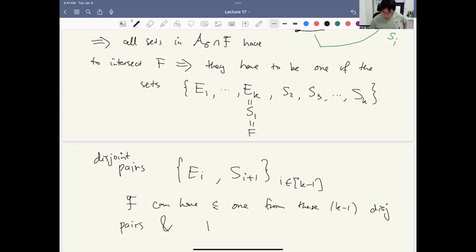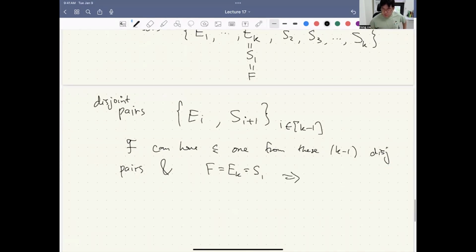And also F equal to EK equal to S1. So you have at most K as desired. Any question?